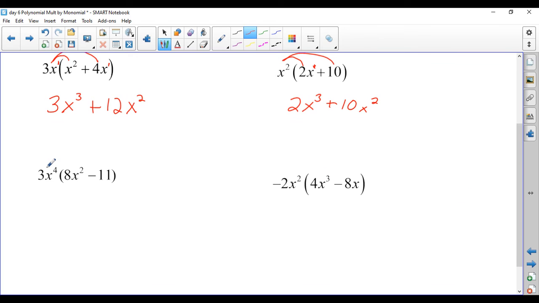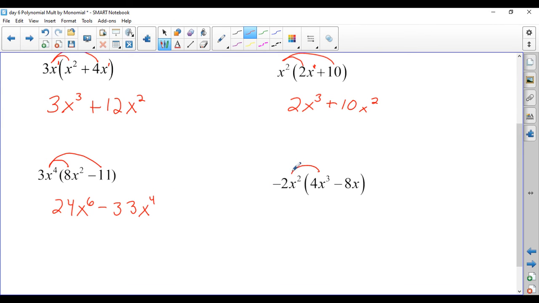A couple more examples with a little higher exponents. I'm going to distribute this 3x to the fourth. 3 times 8 is 24. X to the fourth times x squared, I add the exponents. 4 plus 2 is x to the sixth. Then I do 3 times -11, so this is -33x to the fourth.